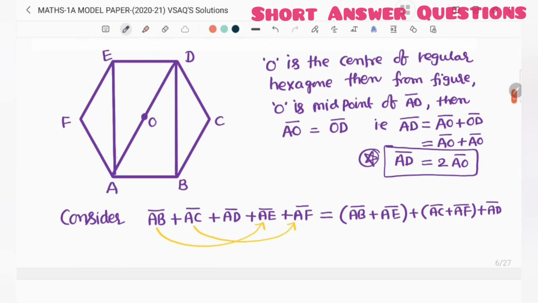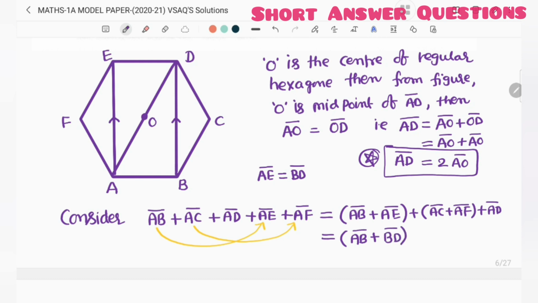Observe that AE is equal to BD. So these values are equal. Since from the figure AE bar is equal to BD bar. So in place of AE I am going to take BD.